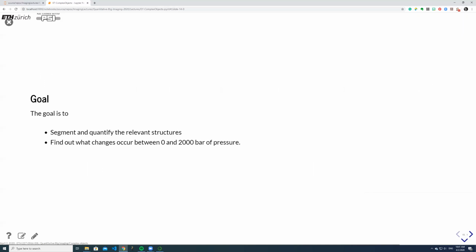We want to segment and quantify the relevant structures. So we want to know how large they are, what surface area they have, and possibly also how regular they are, so if they are spherical or oblate or something like that.